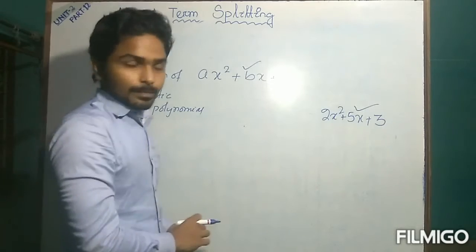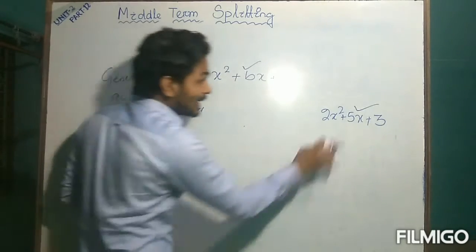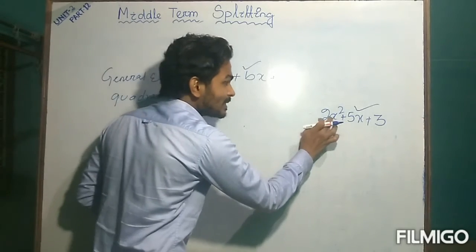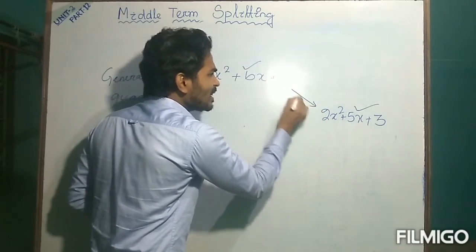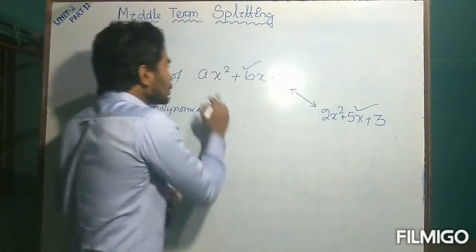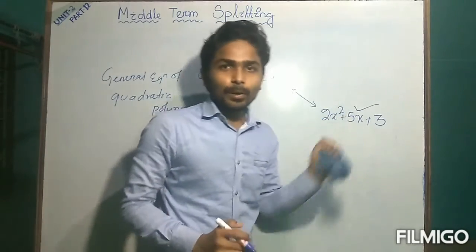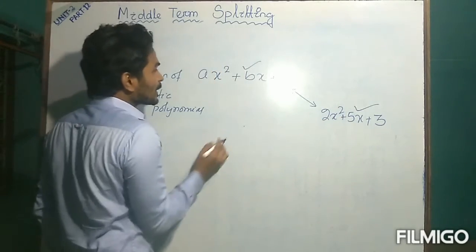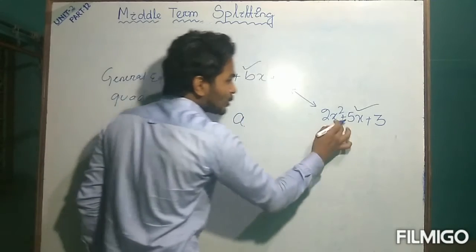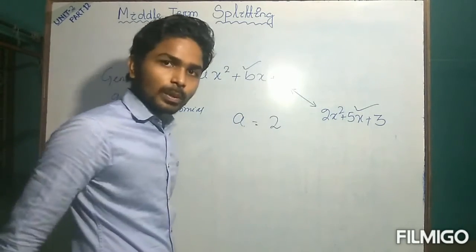In the general form, the coefficient of x square is a, and here the coefficient of x square is 2. So we compare the coefficient of x square in both polynomials, and you can write a is equal to 2.